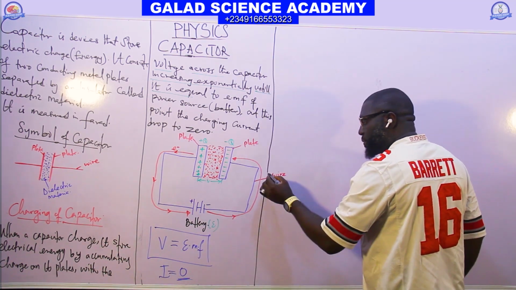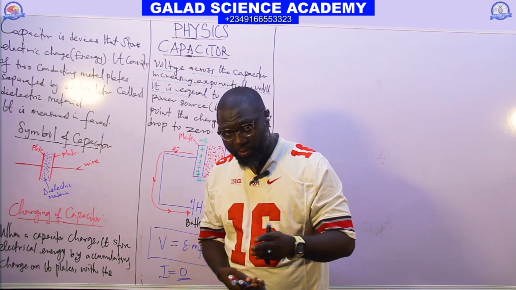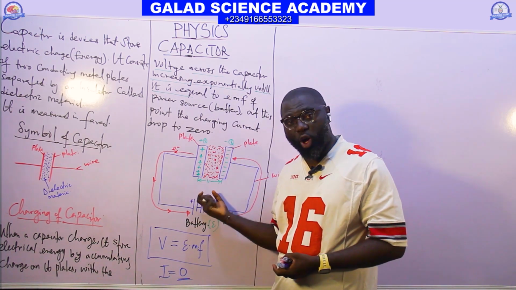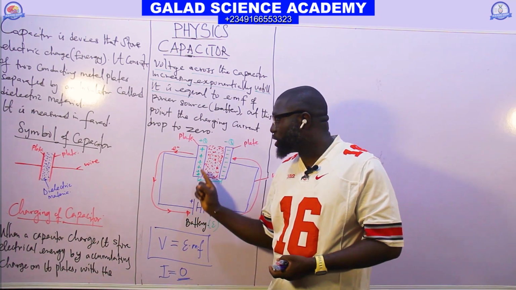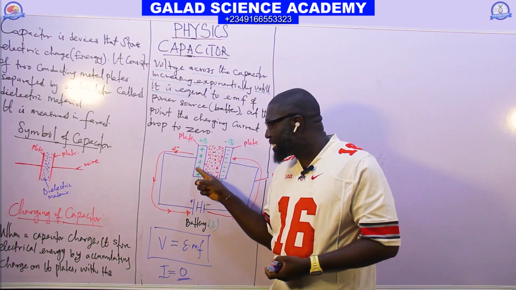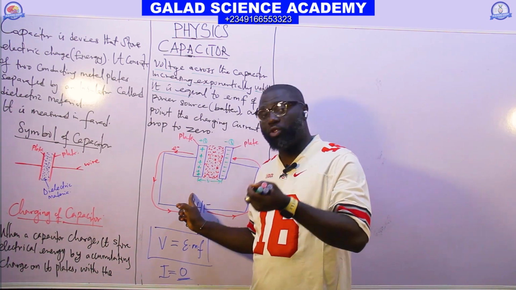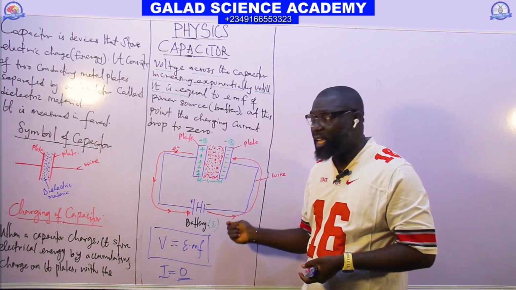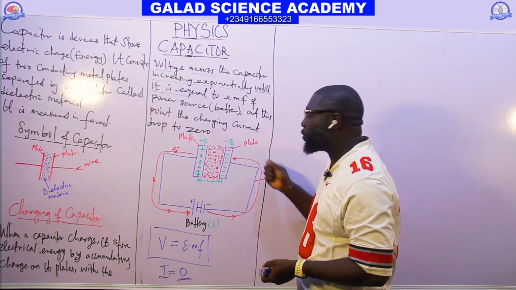Before we go to discharging of a capacitor, again, before a capacitor can be fully charged, you connect the capacitor to a power source, which is the battery. When you connect the capacitor to the battery, the plate connected to the positive end of the battery will lose electrons, and the electrons will move from the plate into the battery, and the current will start flowing.